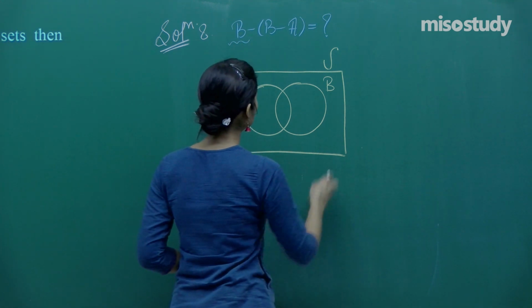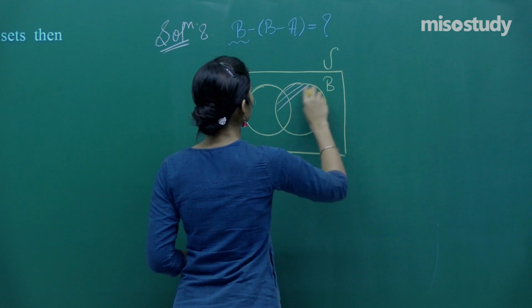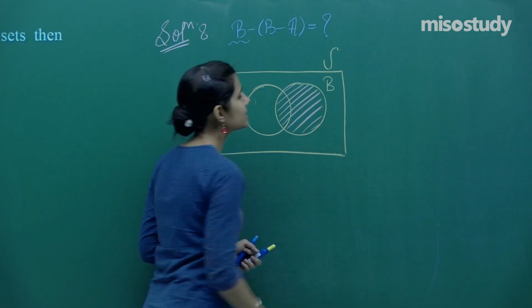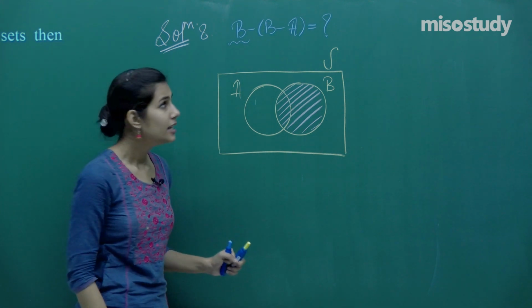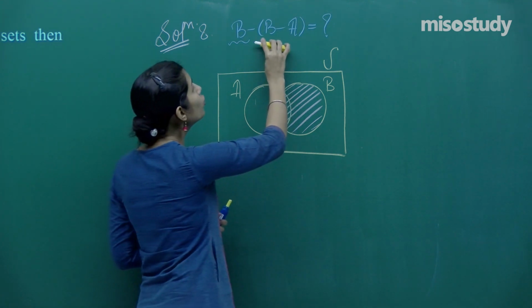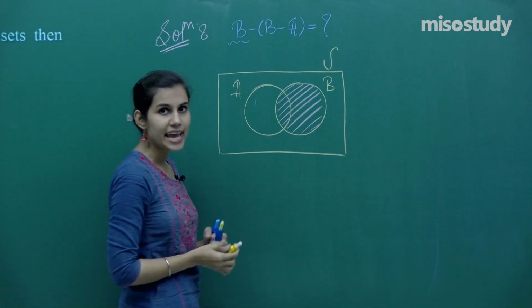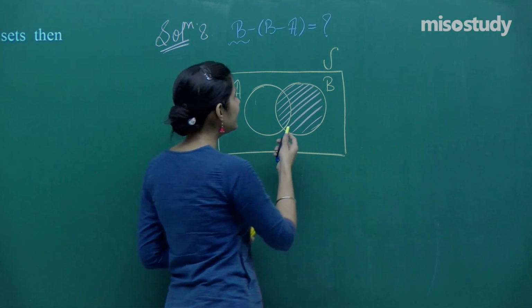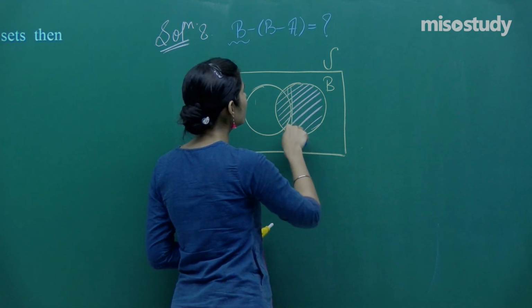What is my B portion? This is the entire set B. Then I have to remove B minus A from B. How do I remove? Basically, B minus A is this portion.